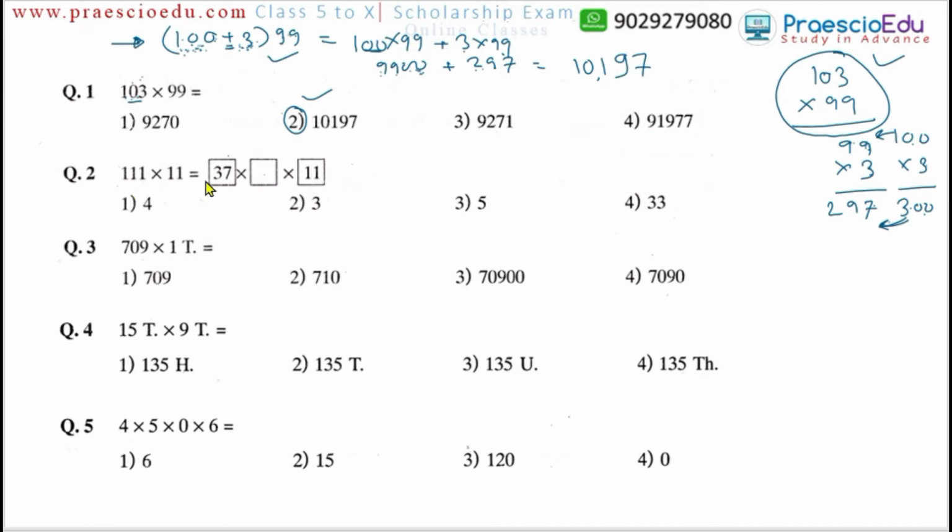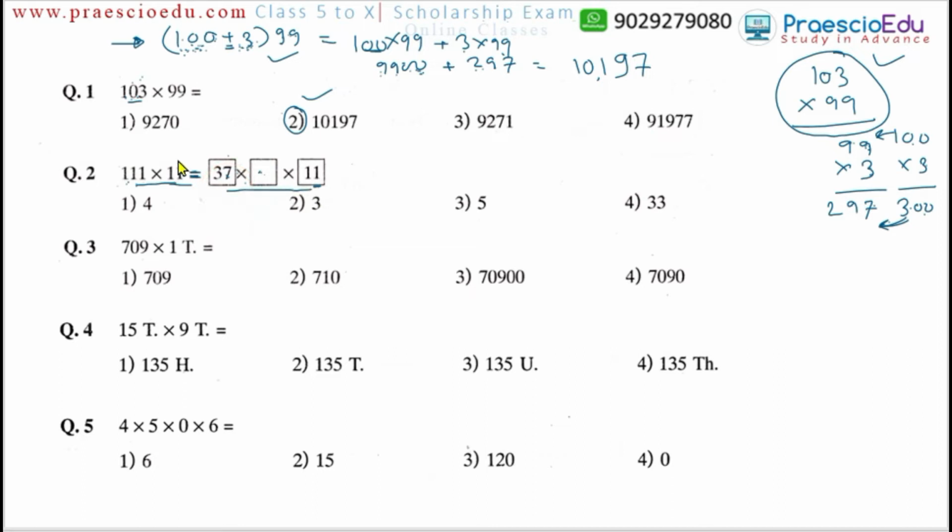111 multiplied by 11 is equal to 37 multiplied by this empty box multiplied by 11. Now 11 is as it is here, so 111 is split into two numbers in a product. So 37 multiplied by something, of course we will get the 111, because here the equal sign is shown, means this product is equal to this product.